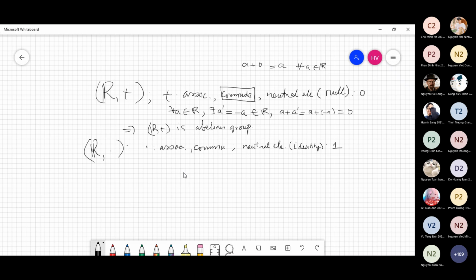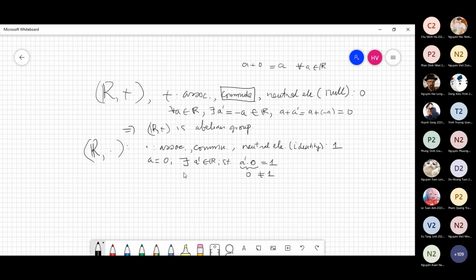The identity element is one, clearly. But now let's go to the last property of a group. If I take a equals 0, then let me choose a prime in R such that a prime multiply 0 equals 1, but it never happens because a prime multiply 0 is always 0.